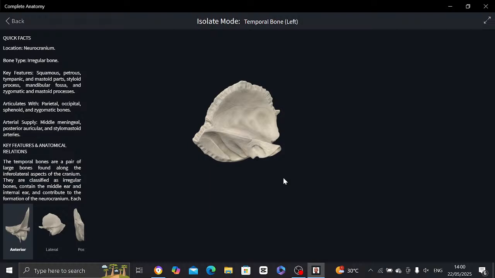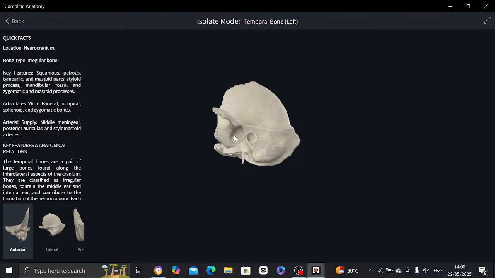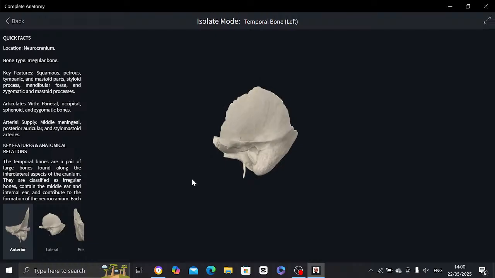It has the styloid process, which we've talked about. It has the mandibular fossa, this depression here, which attaches to the mandible at the temporomandibular joint. That's the zygomatic process here.